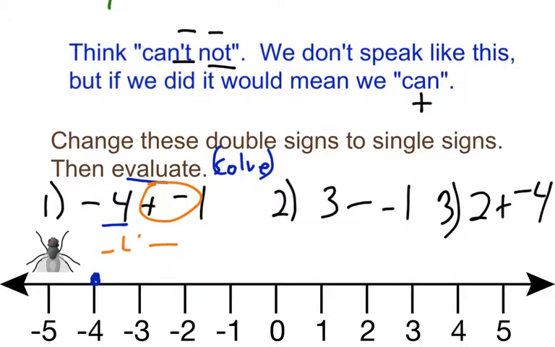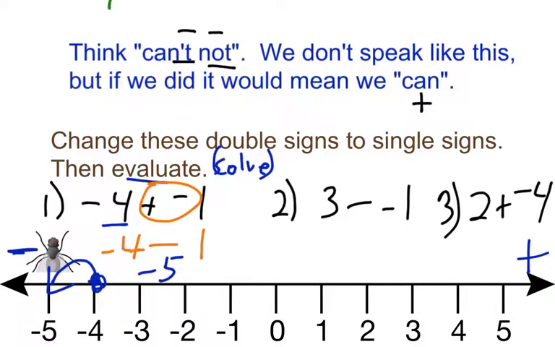So it's -4 minus 1. And now I'm going to read this as I start at -4, which I've already done. So there's my -4. And I go in the minus direction. Remember, this is your minus direction. This is your positive direction. So I'm going to go in the negative direction one spot. And where do I end up? -5.